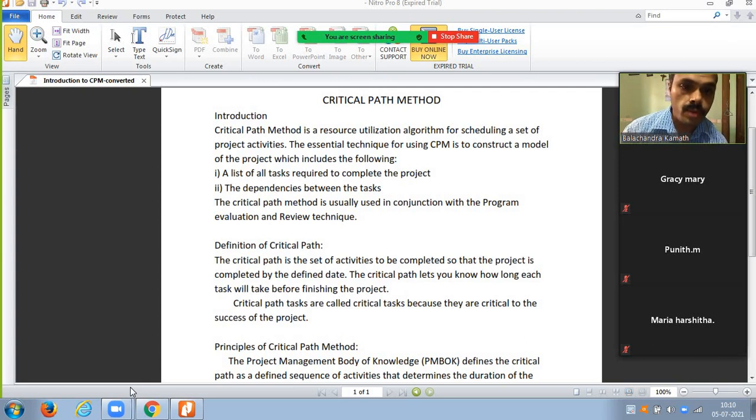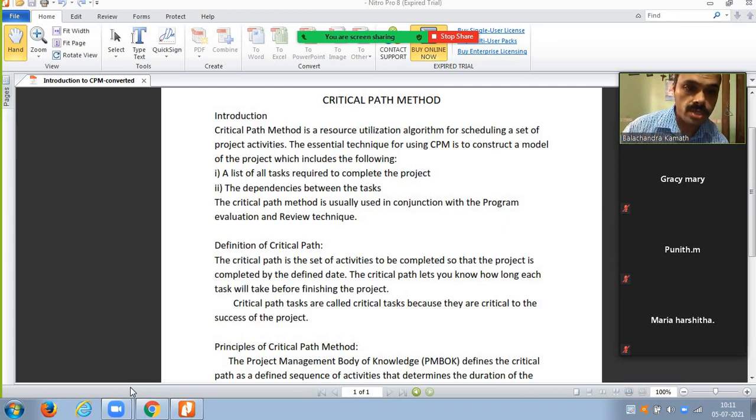So critical path method will help us to know how the resources are being utilized for a set of project activities. Now for using this critical path method, we should know what are the different tasks we should have to complete the project.